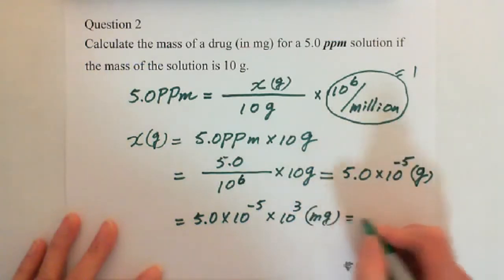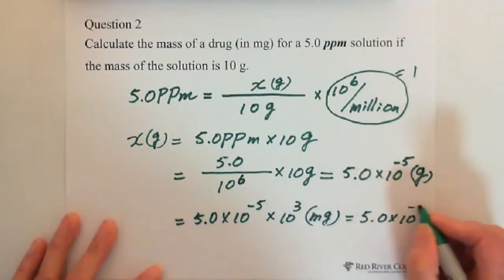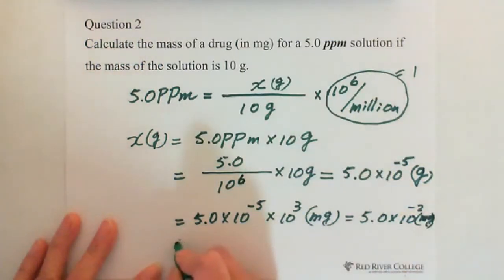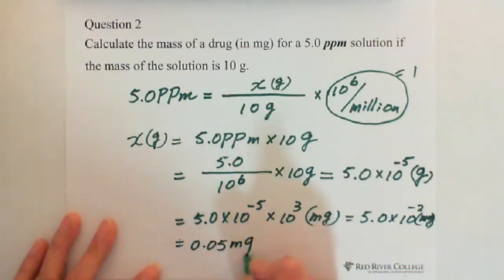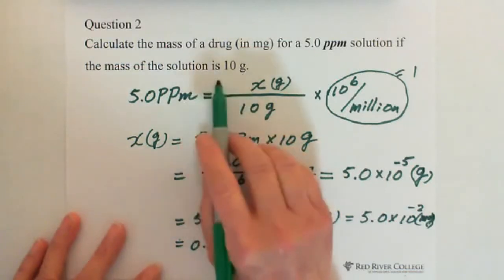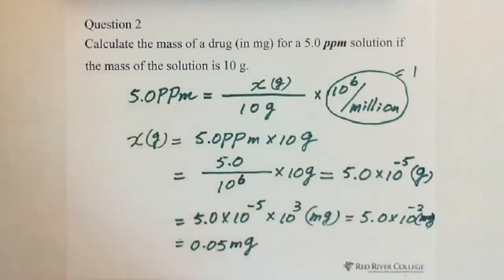So we got 5 times 10 to the negative 2 milligrams. So also we can write 0.05 milligrams. So in 10 grams of this solution, the mass of drug is 0.05 milligrams.